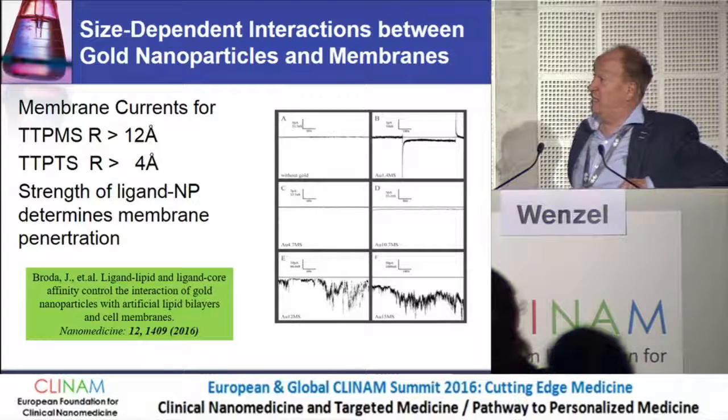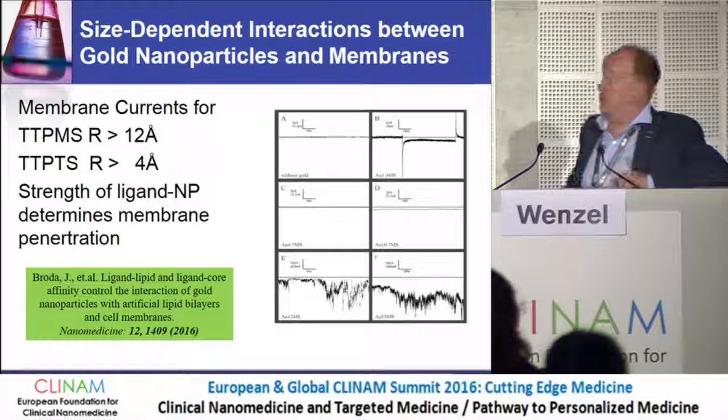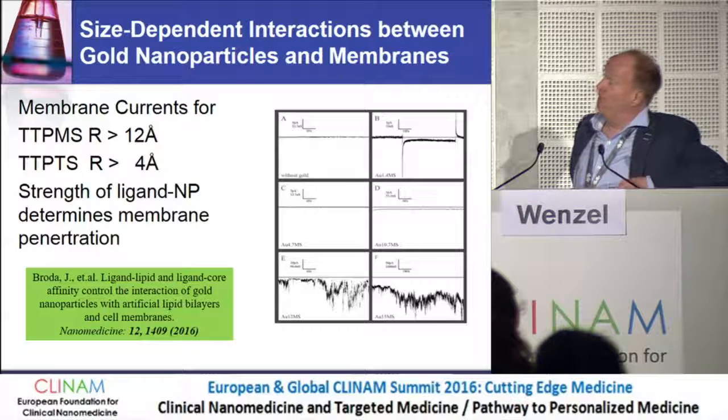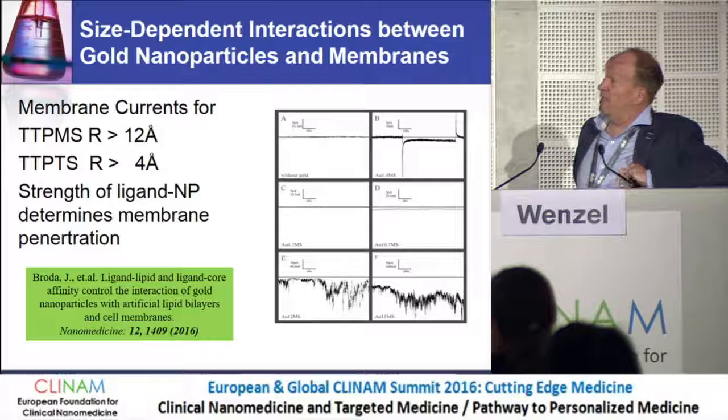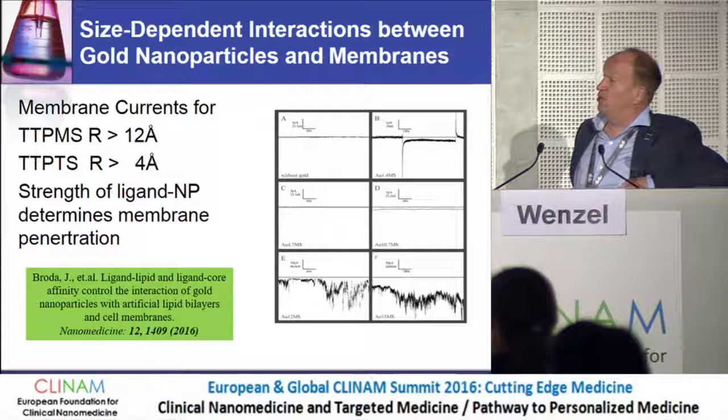That means it will stay there once it is there. We also don't see the nanoparticles come out on the other side of the experiment, while the other ligands are much more strongly bound to the nanoparticles, so they basically don't come off. The nanoparticles do not incorporate easily into the membrane, and therefore you see no current.